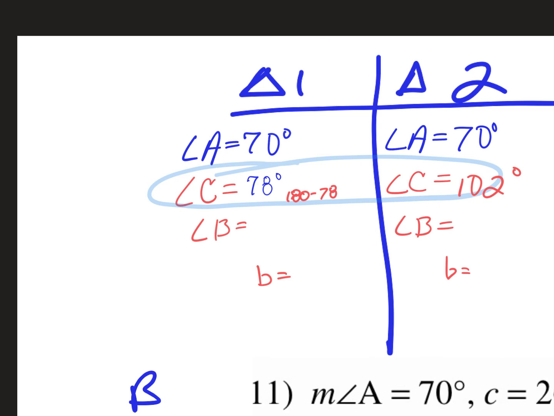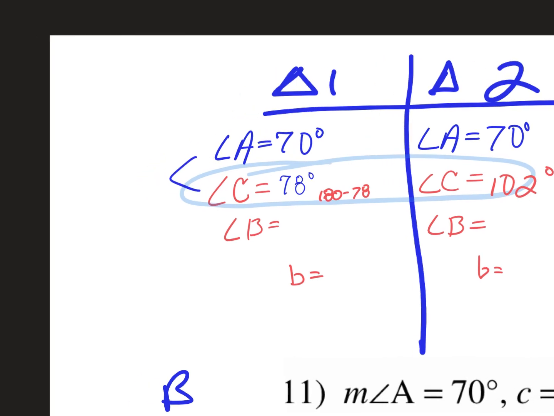Now, to find angle B, the last angle, I say 70 plus 78 is 148. So 180 minus 148 gives us 32 degrees. Okay, that's fine.